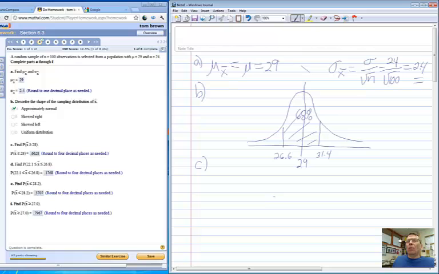I find it very helpful when trying to solve problems like C, D, E, and F to draw a picture. So what I'm going to do here is draw a picture of the sampling distribution of x bar. We know the mean is 29. Right? We know the mean is in the middle.